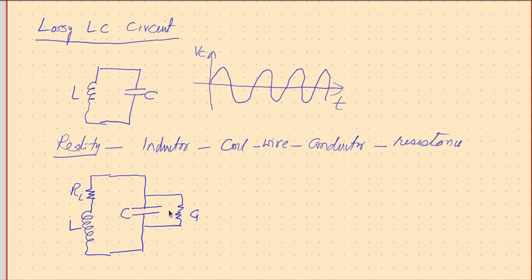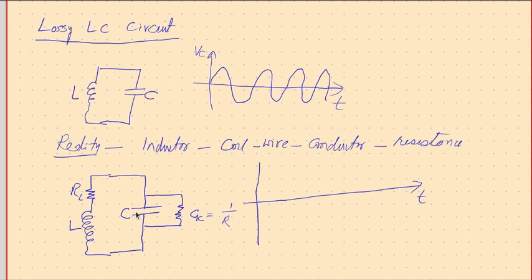It was assumed to be a perfect insulator, but no material can be a perfect insulator, and hence there will be some conductance, though very small, but yes, it is going to be there. Conductance is the reciprocal of resistance. So we have conductance of the capacitor, we have resistance of the inductor, and these two are going to make a difference in the oscillations produced.